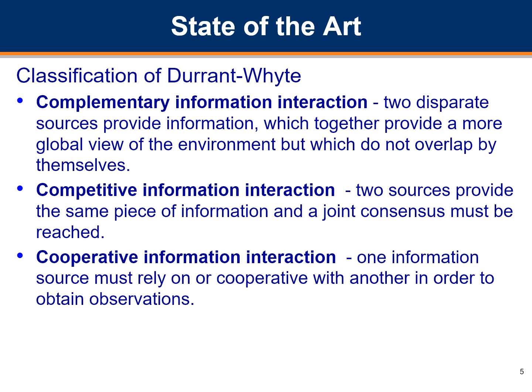Complementary information interaction occurs when two disparate sources provide information which together provide a more global view of the environment but which do not overlap by themselves. Competitive information interaction occurs when two sources provide the same piece of information and a joint consensus must be reached. Cooperative information interaction is the case when one information source must rely on or cooperate with another in order to obtain observations.